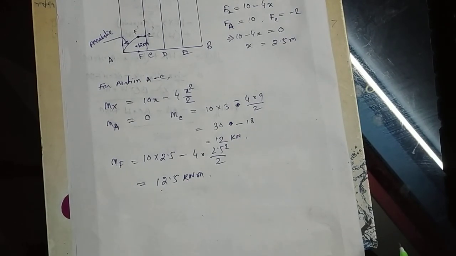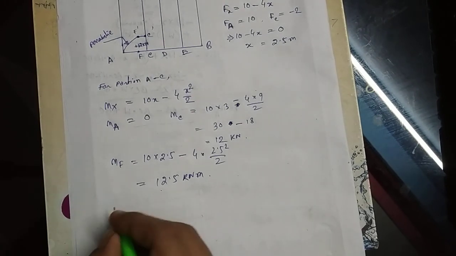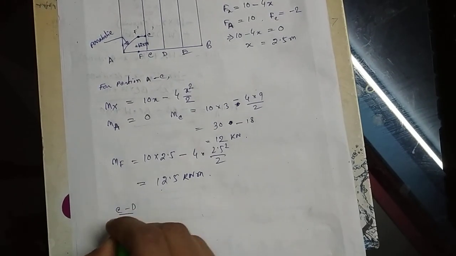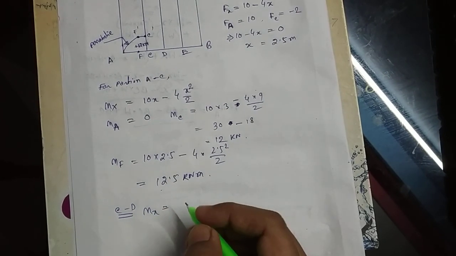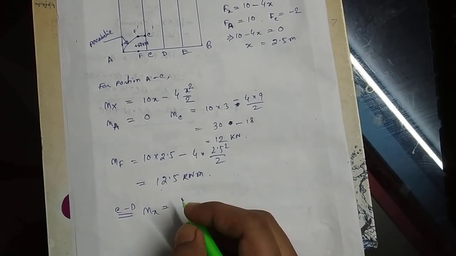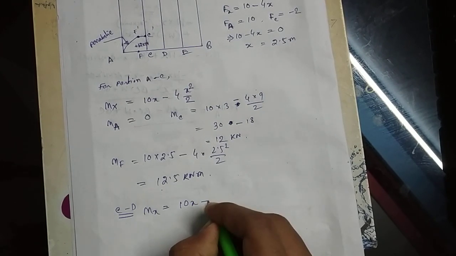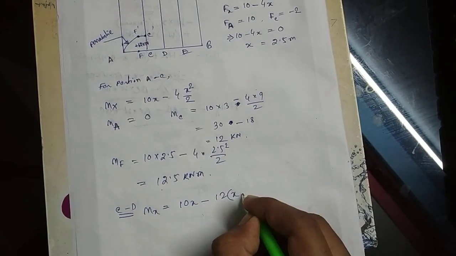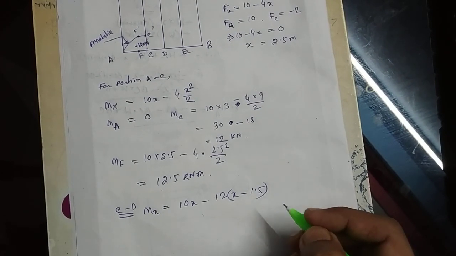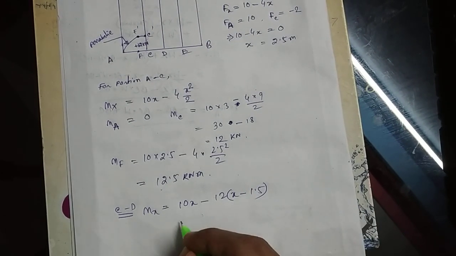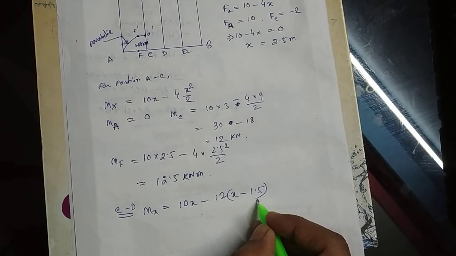Okay. Now our next target is to find out the bending moment at D. So for the portion CD, if a section XX is taken at a distance x from A, then it will be 10x minus 12 into x minus 1.5. 12 means 4 into 3. Now this equation is of course linear.